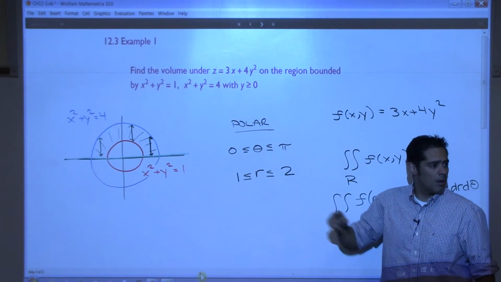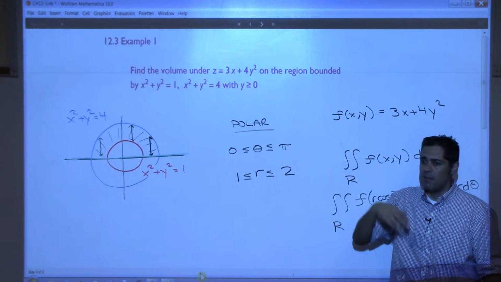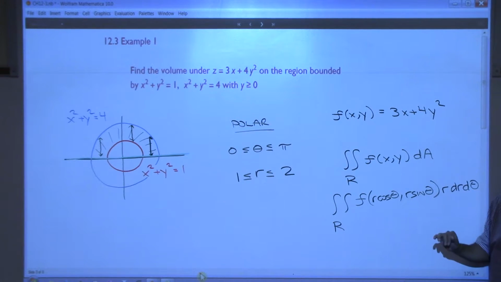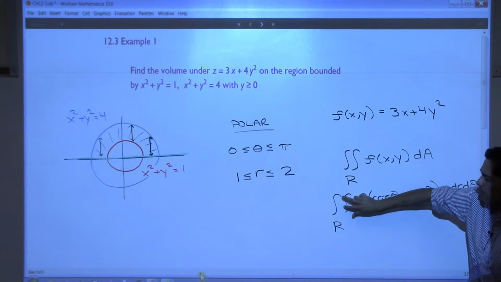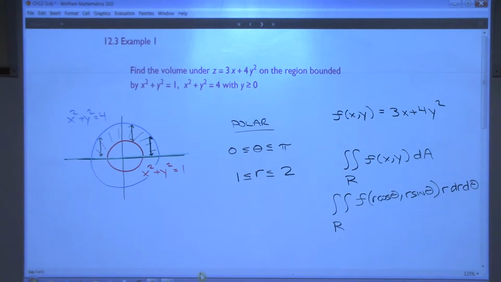The theta and the r are both restricted between constants. And from the first time we talked about double integrals, if the limits of integration are constants, the order of integration can be flipped. So I could put r dr d theta, or I could put r d theta dr, but then that would determine which numbers go here. Okay? No questions yet? Okay, let's go ahead now.